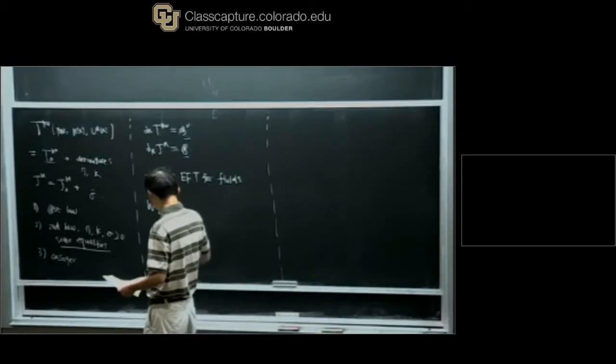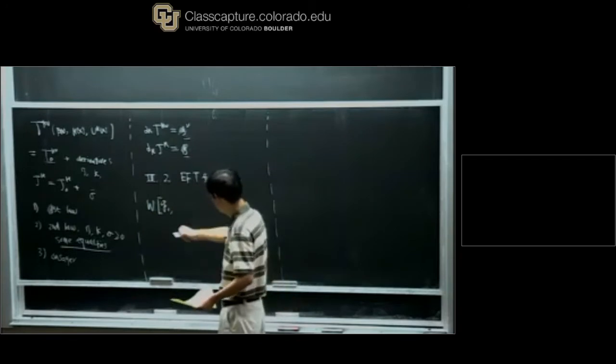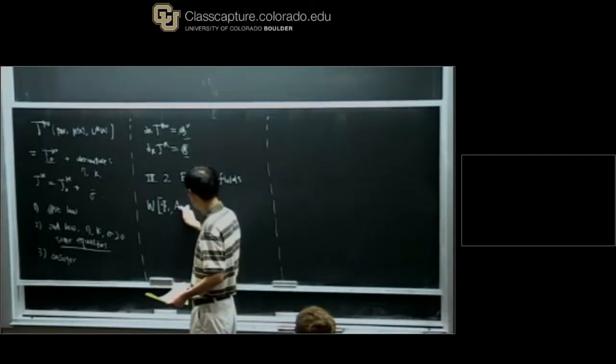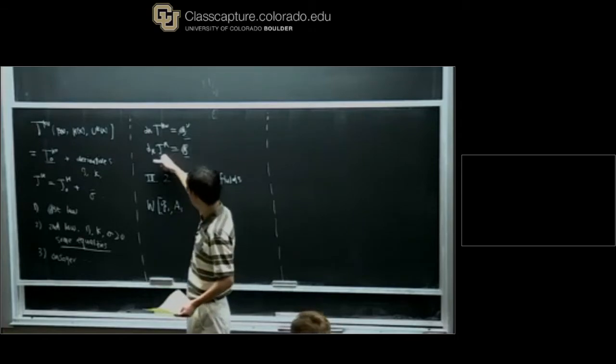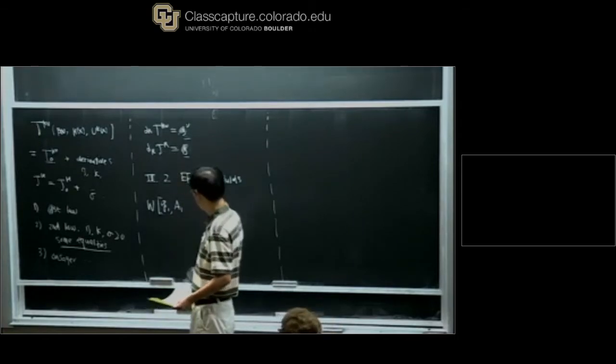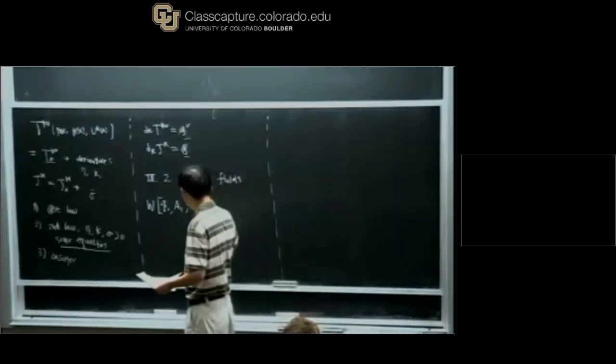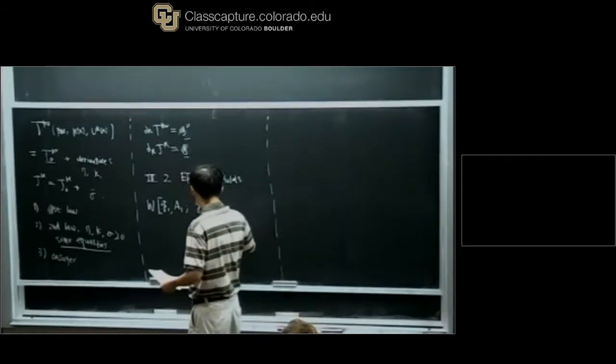Again, you have two copies of them. So G1 means the metric on the first copy, and you can also have an external gauge field, the external source for the current, which I call A. Then you have G2, A2.